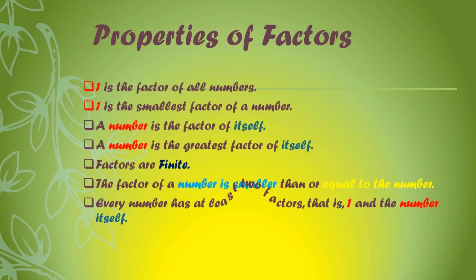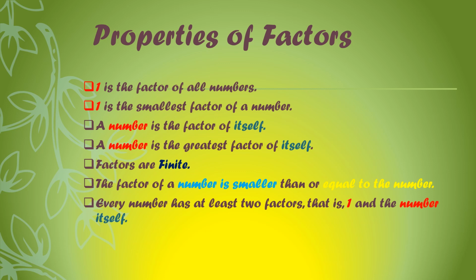Okay. Every number has at least two factors, that is 1 and the number itself. Children, whatever number of factors numbers have, they have two factors for sure, 1 and the number itself. Say for example, in 6, we have two factors, 1 and the number itself, and the rest of the factors lie between 1 and 6.